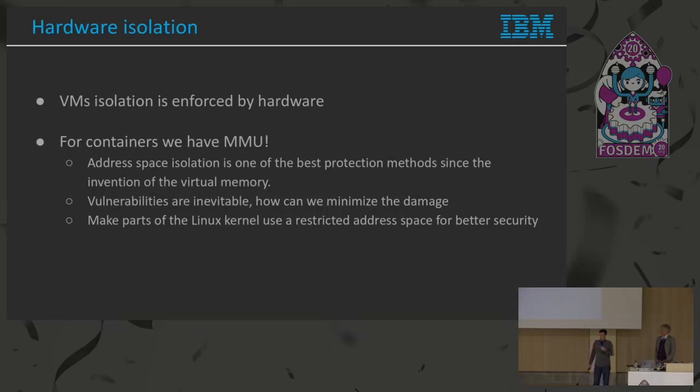Nevertheless, as researchers, we were looking at interesting problems, and we said, okay, we also can use some hardware to ensure isolation of containers. What we have is the MMU, so we will try to use the MMU to protect Linux containers with page tables.